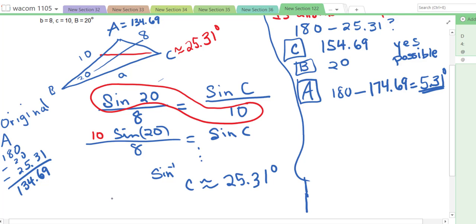And we're looking for a side now. So let's put those on top. So 8 and sine of 20, and I can move it down in a second. And now we're looking for A, and sine of 134.69.